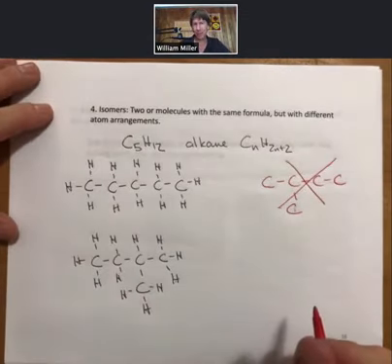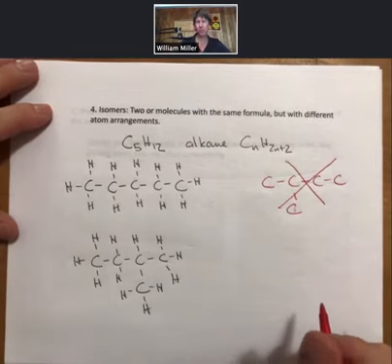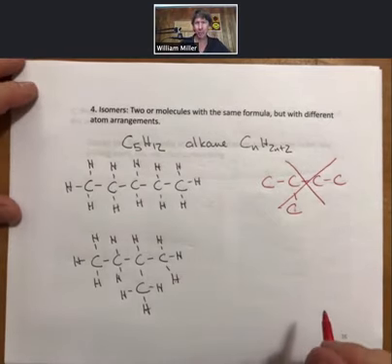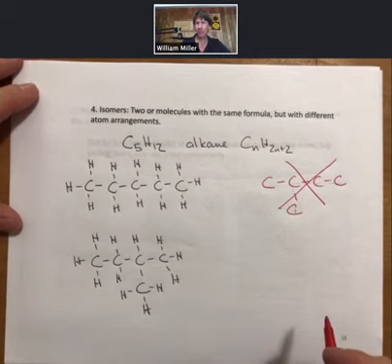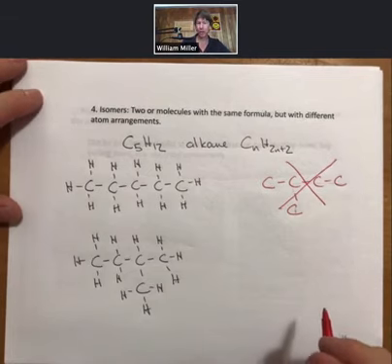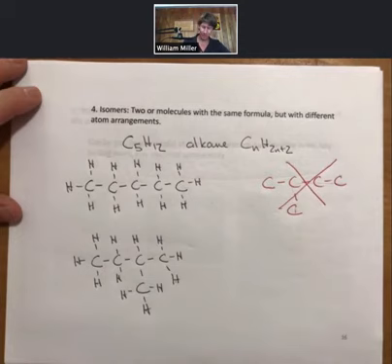And so it gets a little tricky, and it helps to have modeling kits. And when you take an online class, you do not have a modeling kit handy. So this will not be a huge emphasis on being able to construct isomers. But you should know what they are, and you should have a general idea of how to construct them.